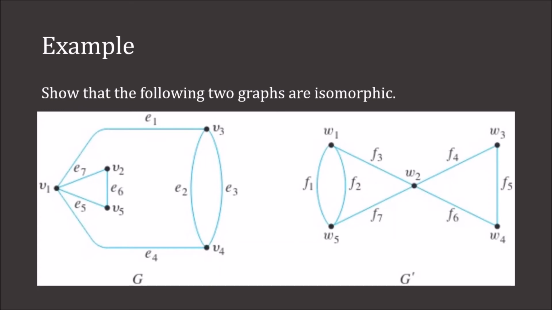Now notice here that V1 has four edges. It has E1, E4, E7, and E5. So nu of V1 must also have four edges. So we look over in G prime, and the only vertex that has four edges is W2.